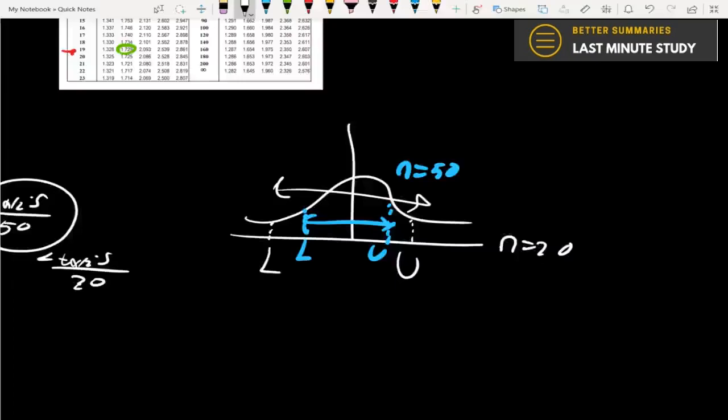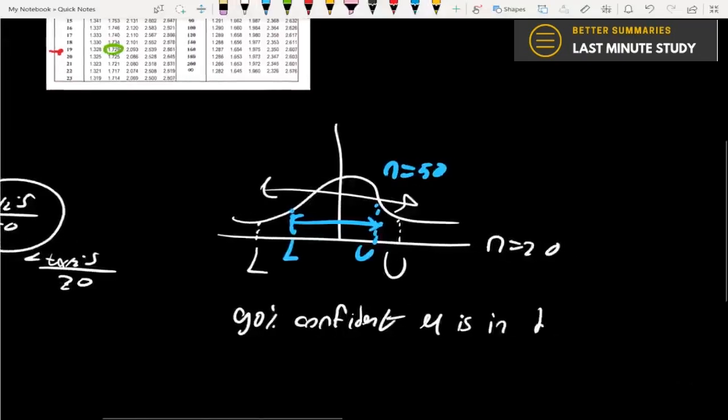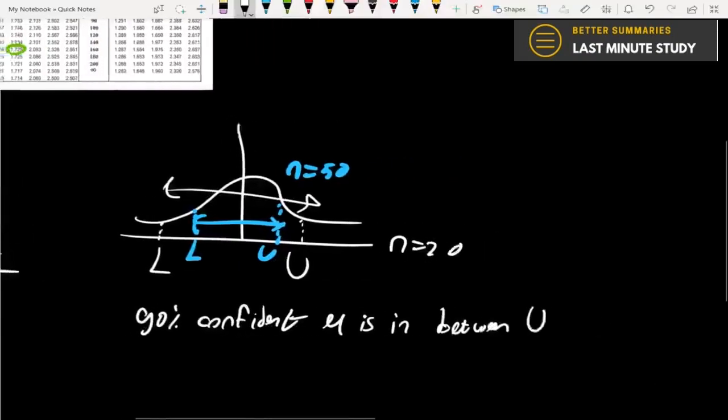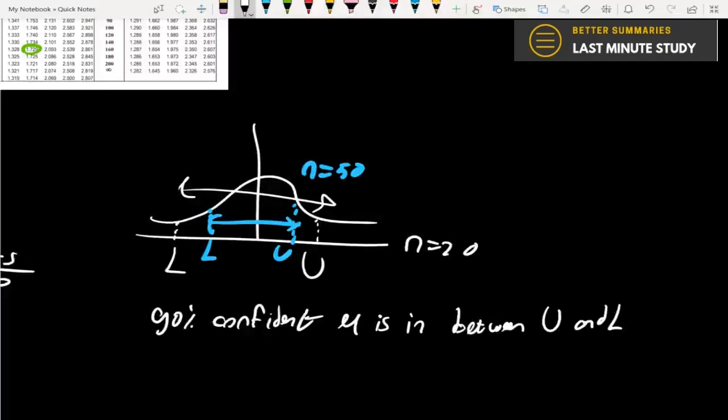And that makes sense, right? We were 90% confident that mu is in between L and U. Suppose I increase my sample size, I get more information.